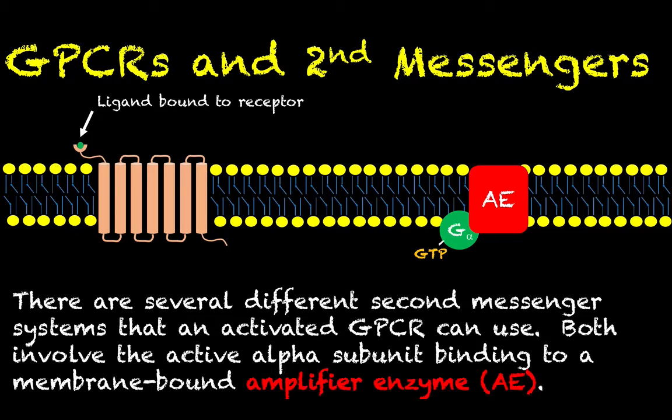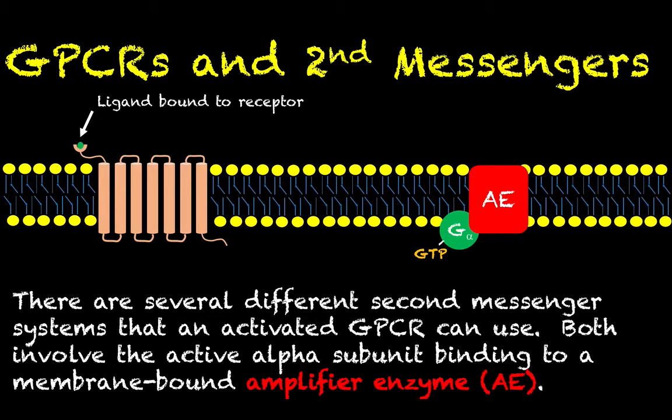Okay, so in addition to opening metabotropic channels like that, another very important thing that G protein coupled receptors often do is they activate second messenger systems. So there are several different kinds of second messenger systems that can potentially be activated by an activated G protein coupled receptor.